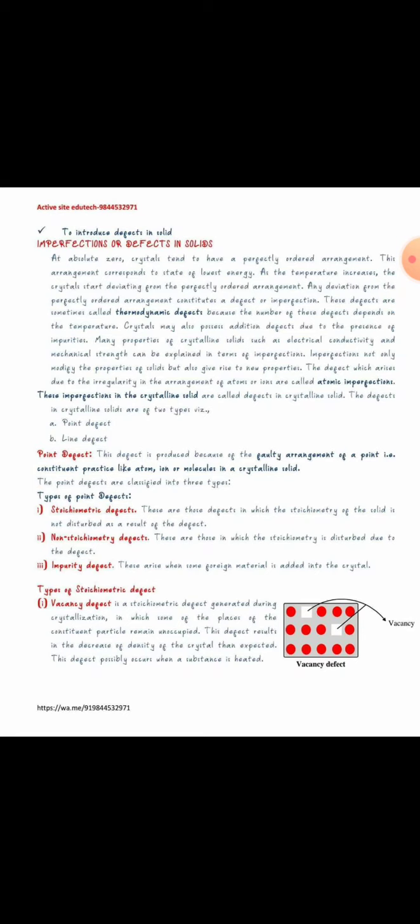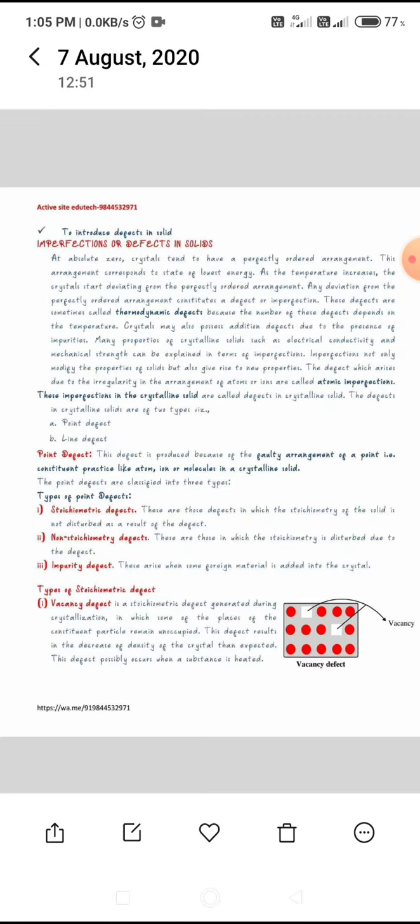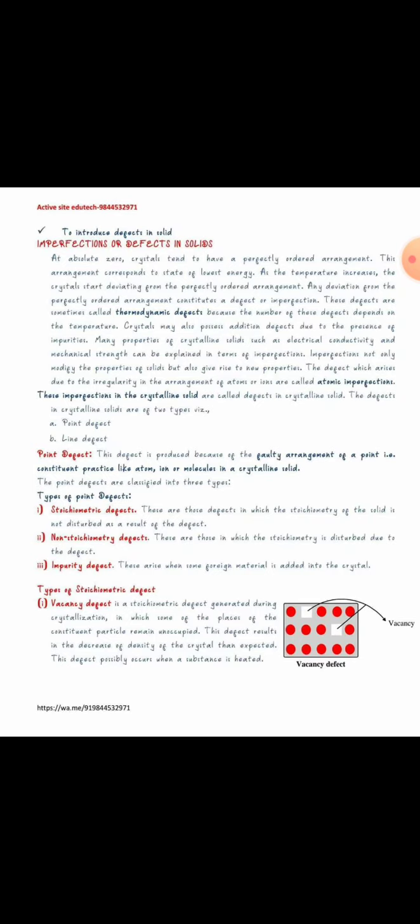So as the name suggests, a point defect is that type of defect in which the disturbance in the arrangement of constituent particles is around a particular constituent particle or around a particular lattice site. Such a type of imperfection or defect in which the disorder is somewhere around a particular atom or a particular lattice site is called as point defect.